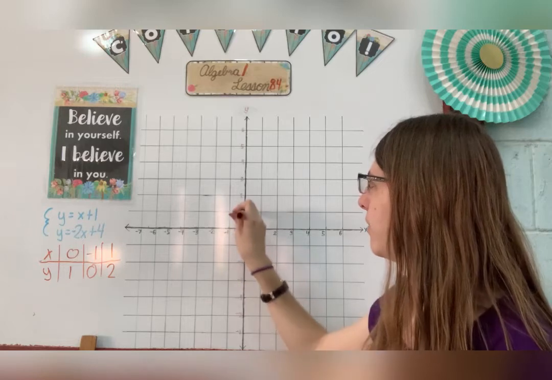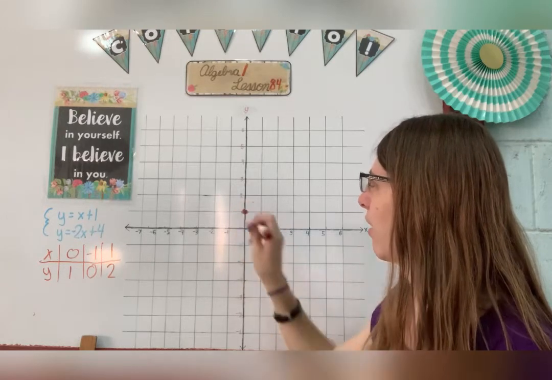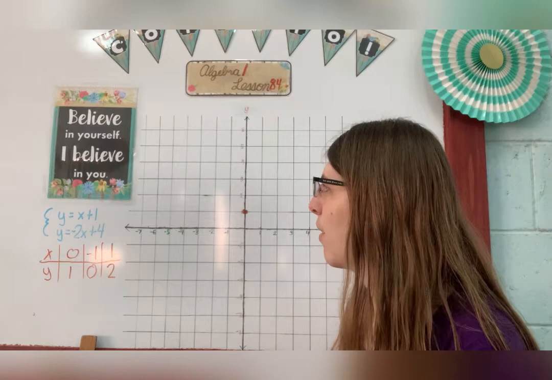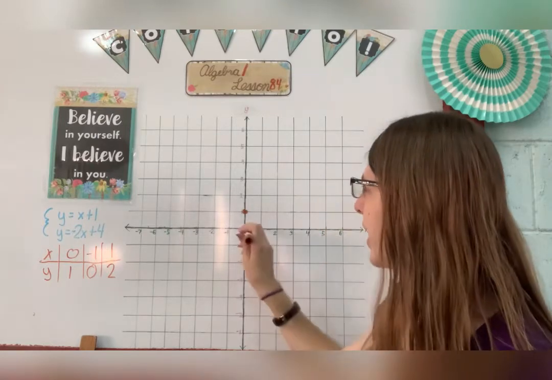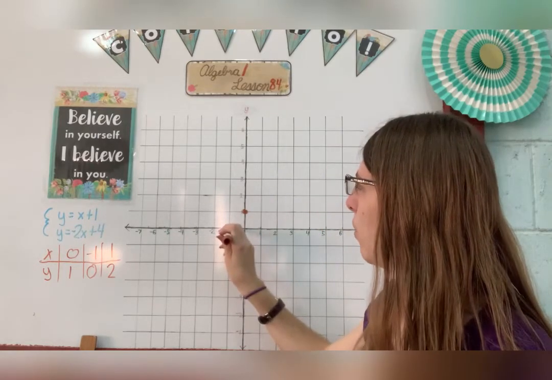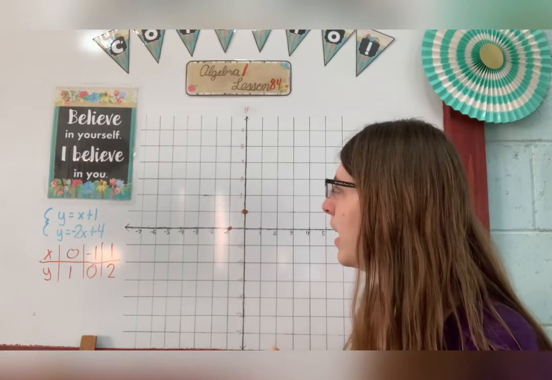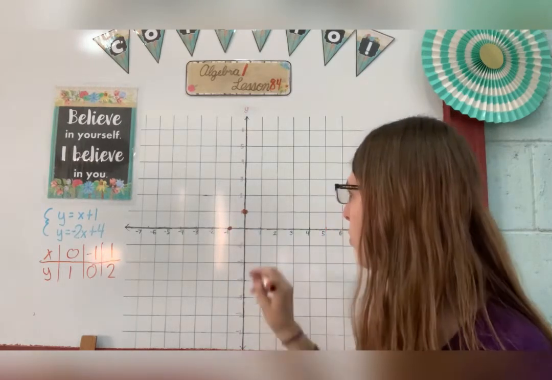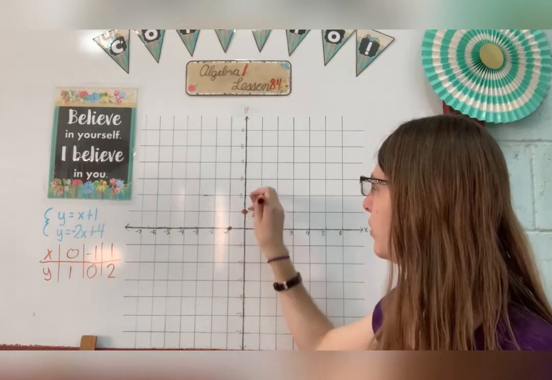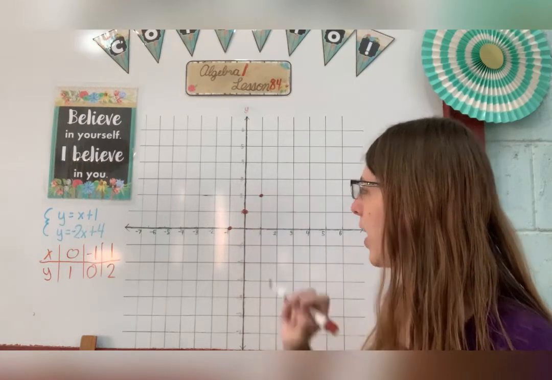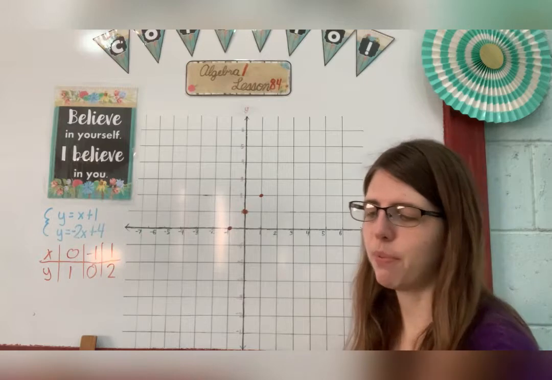Y is 1, so that's right there. Now I have x is negative 1, so I move negative 1. Y is 0, meaning I don't go anywhere, so I'll mark right there. And x is 1, so move over 1, y is 2. Okay, so there are my 3 points.